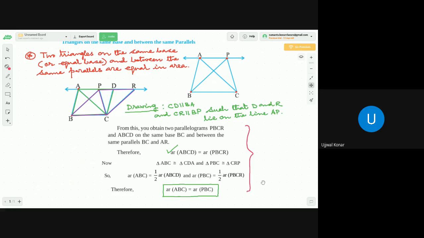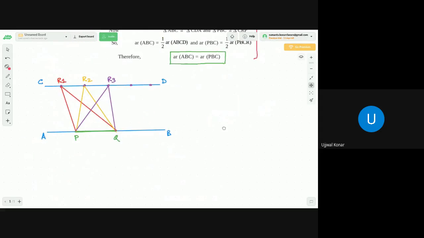So now I'm just discussing based on that. We took two parallel lines, one is AB and another one is CD. We took a common base PQ on the line segment AB, and on the line segment CD we placed 5 different points: R1, R2, R3.